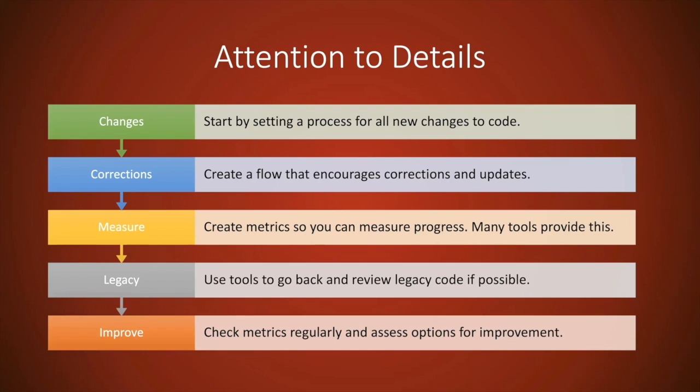You want to build into that process a flow to a code review that makes it easy to surface and address corrections and updates. You want to have it be something where you can go through a code review. There's a very well-defined list of changes, agreed upon changes.